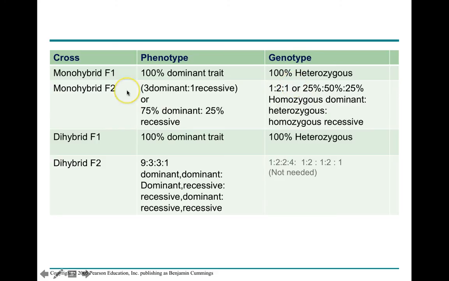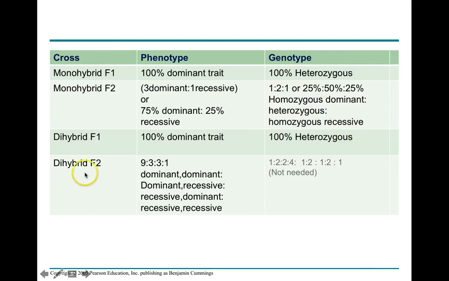Coming to monohybrid F2, that is grandchildren, the phenotypic ratio will be 75% dominant and 25% recessive, and genotypic ratio will be 25% homozygous dominant, 50% heterozygous, and 25% homozygous recessive.